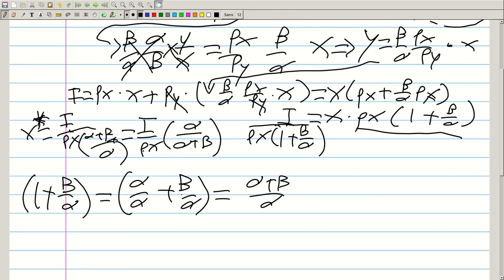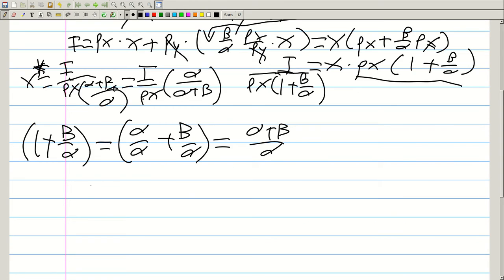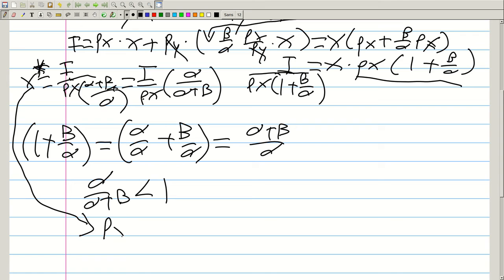Okay. So a couple things to note. Note that alpha over alpha plus beta is less than 1. If I take this expression and multiply on both sides by px, this is the same thing as writing px times x star equals I times alpha over alpha plus beta.